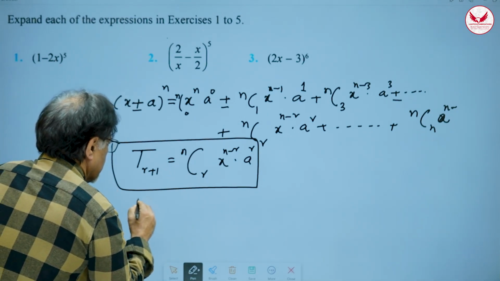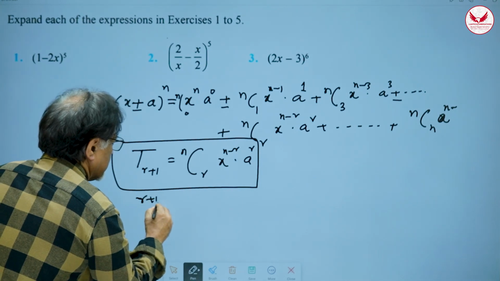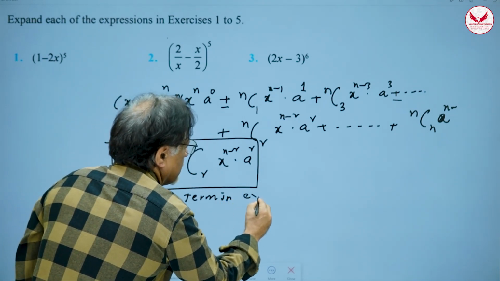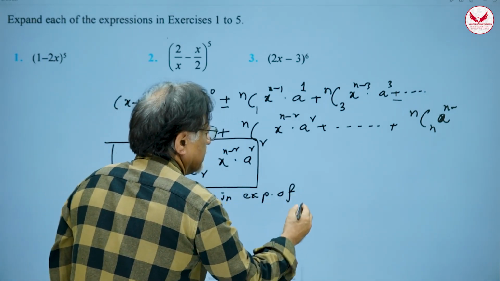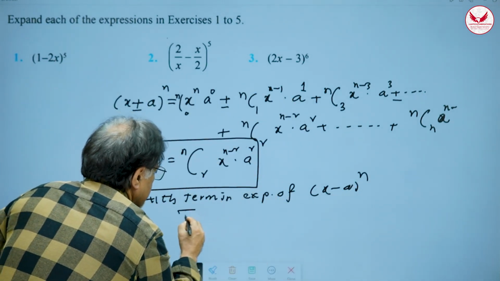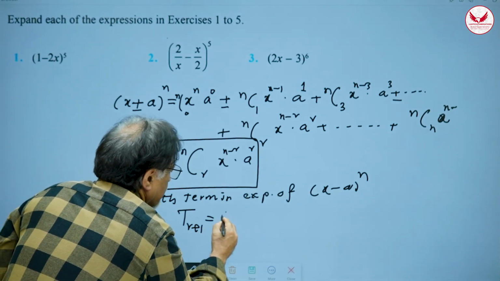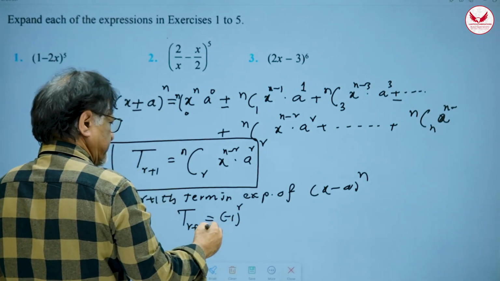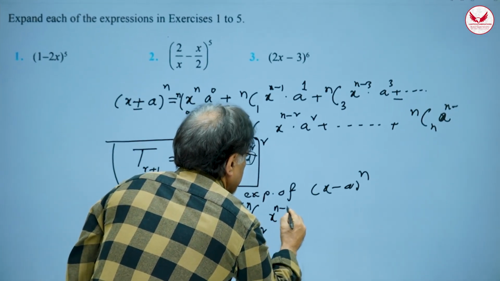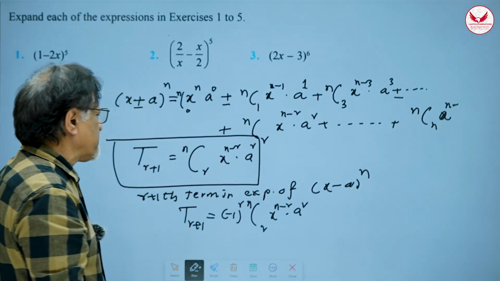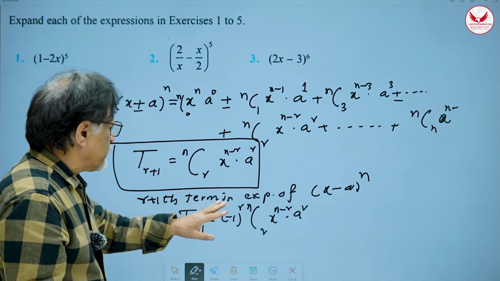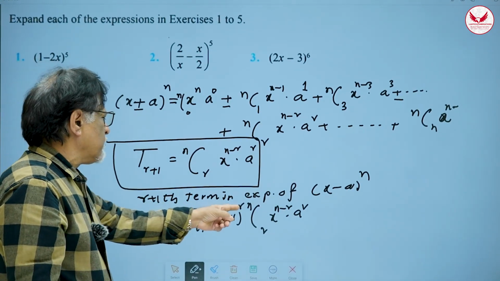That means the (r plus 1)th term in the expansion of (x minus a) raised to n is T(r+1) equals minus 1 raised to r multiplied by nCr x raised to n minus r and a raised to r. The only small change here is the presence of minus 1 raised to r, which allows us to keep changing signs according to the value of r.